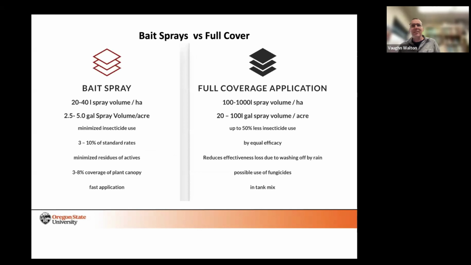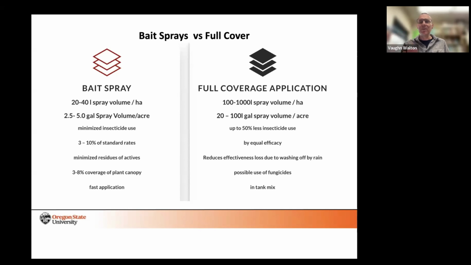And so how does attractant kill work? So if we look at bait spray on the left-hand side here, we're looking at volumes, anything between 2.5 and 5 gallons an acre, 20 to 40 liters of volume per hectare. If we compare that with full cover application, we're looking at around 10 times higher. If we're looking at quantity of insecticide used, we are looking at 3 to 10% of a standard insecticide.